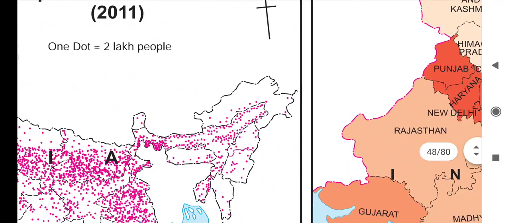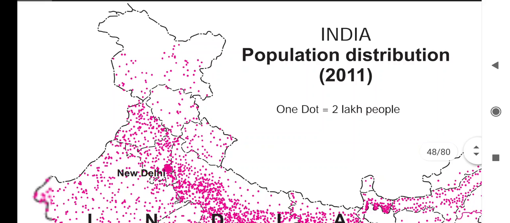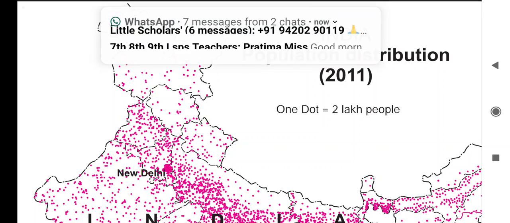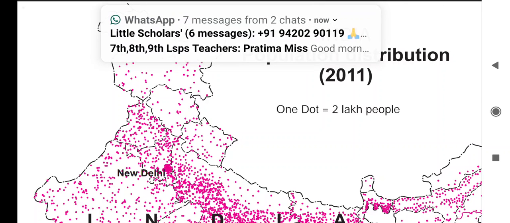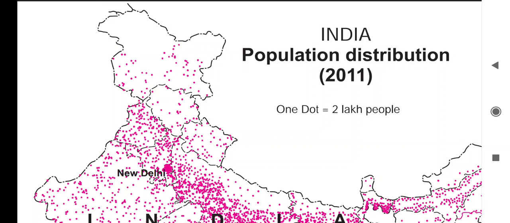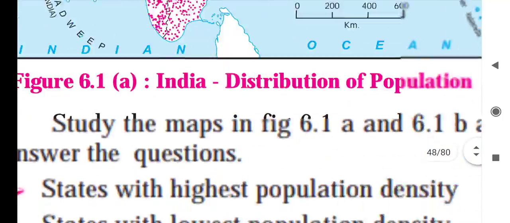Arunachal Pradesh has dense forest, so transportation facility is not available, and development is not taking place in this region fast. So due to that, people are not giving preference to live in these areas. Where they will find all the facilities, factories, industries, land for agriculture, suitable climate, water availability, there people like to live.